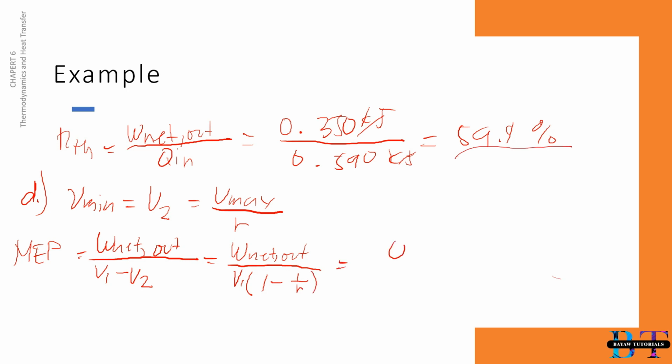So this is 0.350 kilojoules divided by our volume 1, that is 0.0006 cubic meter, times 1 minus 1 over 9.5, and then let's convert it to kilopascal.